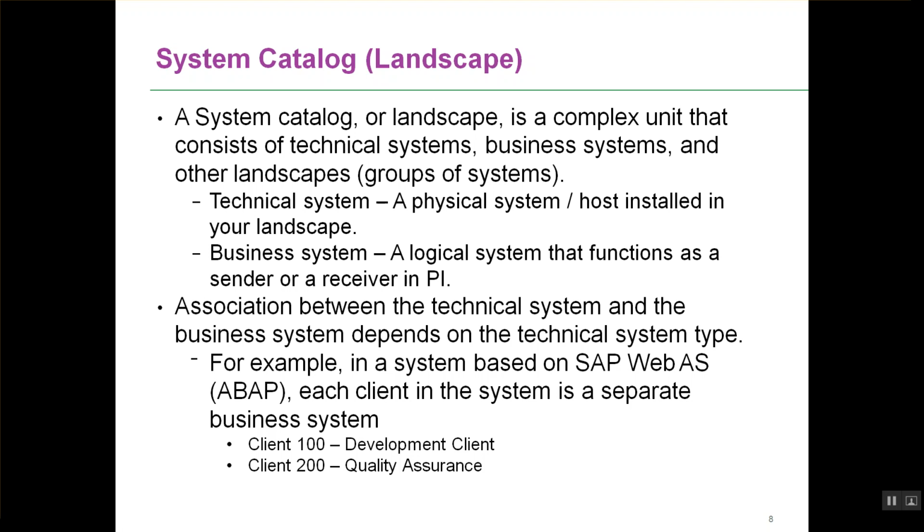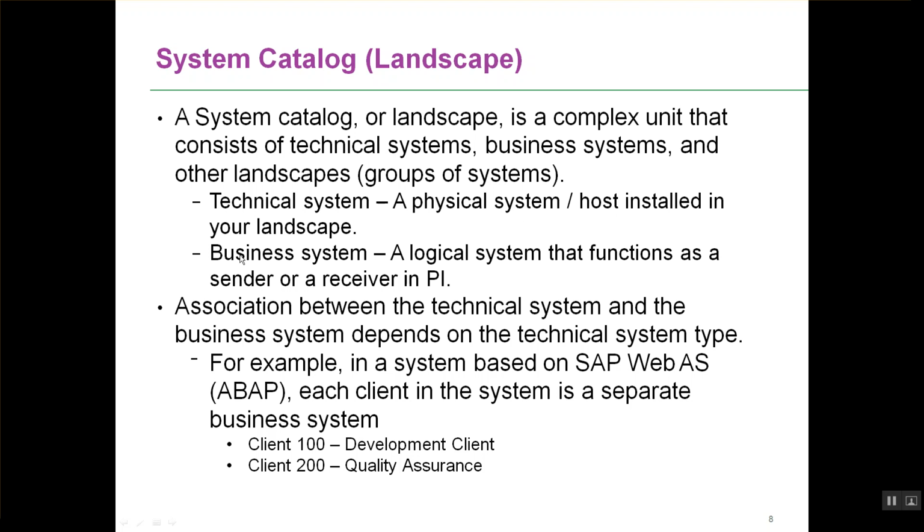If that ECC development server is called DEV, the SID or the system ID of that ECC development server is DEV or development, then that physical system is what registers itself on the SLD as a technical system. So a technical system is nothing but a physical system or a host that is installed on your landscape.